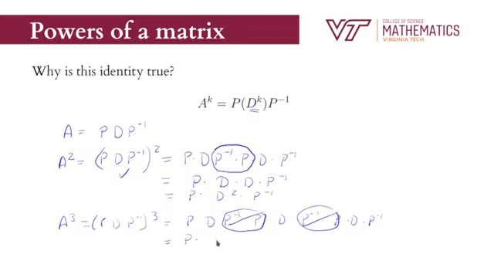And so we get P times D times D times D times P inverse, which is just P times D cubed times P inverse. And so a side effect of diagonalization is that if we want to raise a matrix to a power, we don't have to worry about taking P and P inverse to a power. We only have to worry about the diagonal matrix. And that will save us a little bit of time here.